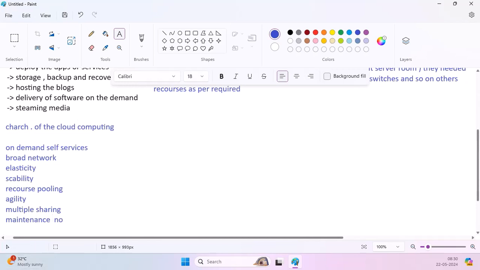We don't need to maintain the cloud, so that's a good one.